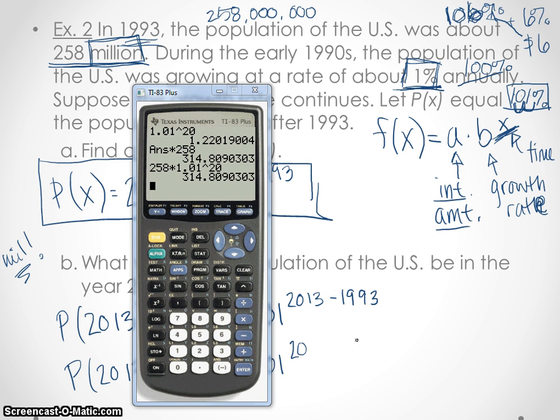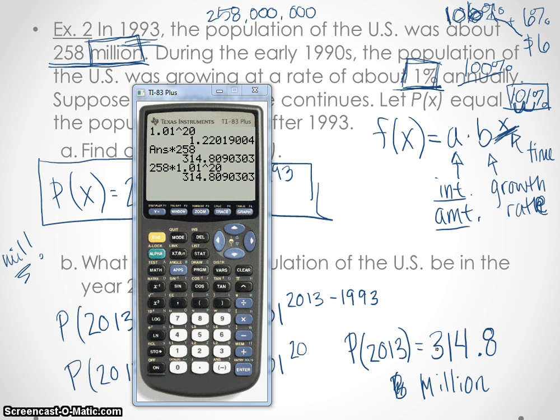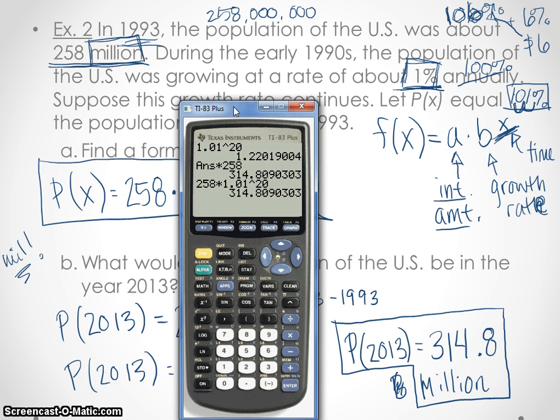So we're going to say P of 2013, because that's the population in the year 2013, is 314.8, we'll just say 8.8 billion, no, I'm sorry, we were in millions, million people. Sorry, I got a little carried away there. Just million people. So the population in the year 2013 should be 314.8 million people.